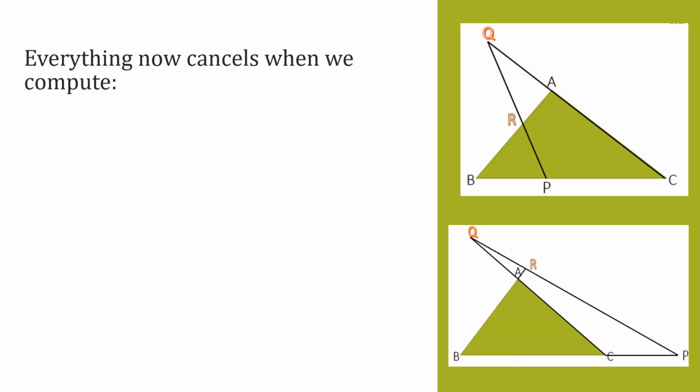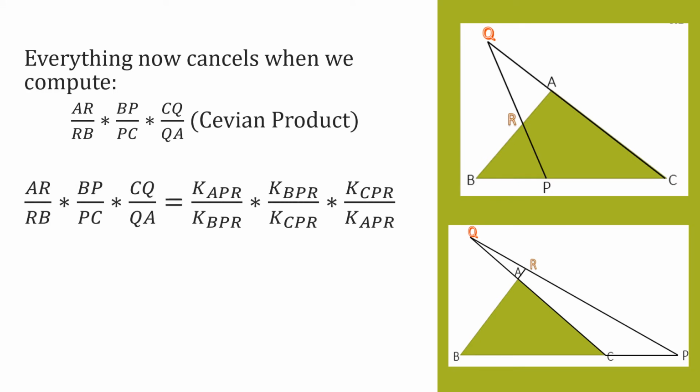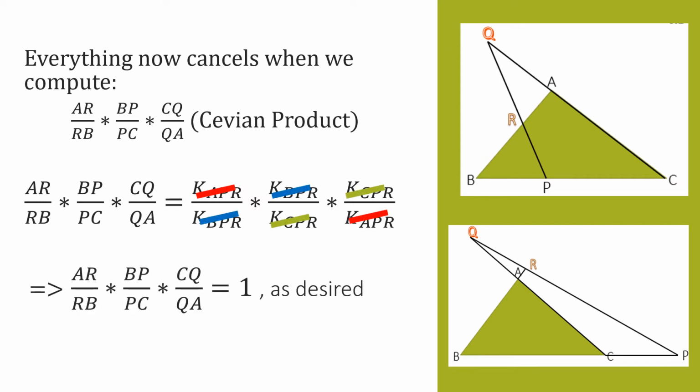Everything now cancels when we compute the Chevian product. Cancel, another cancel. So we get the product equal to 1 as desired.